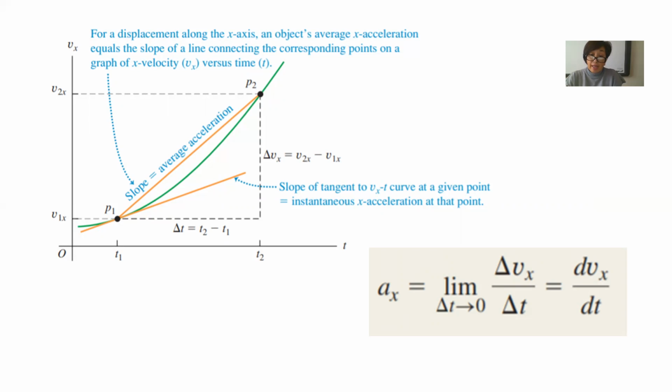This formula will be the formula of the instantaneous acceleration at the point. Here, this is the diagram of velocity versus time, and the slope equals the average acceleration.